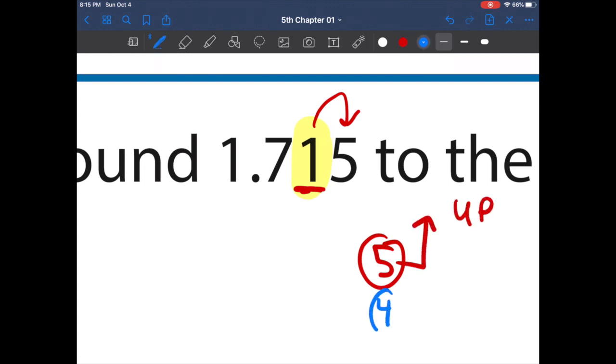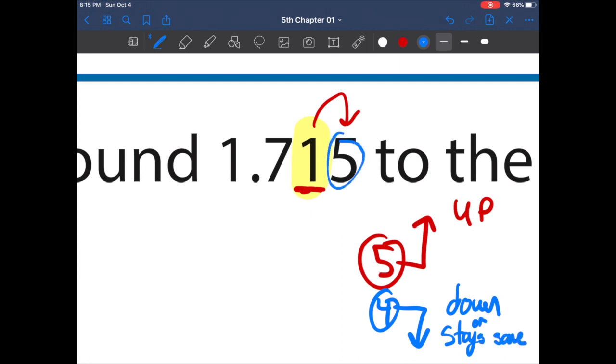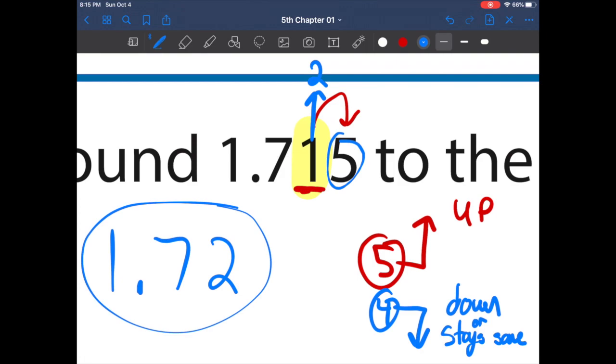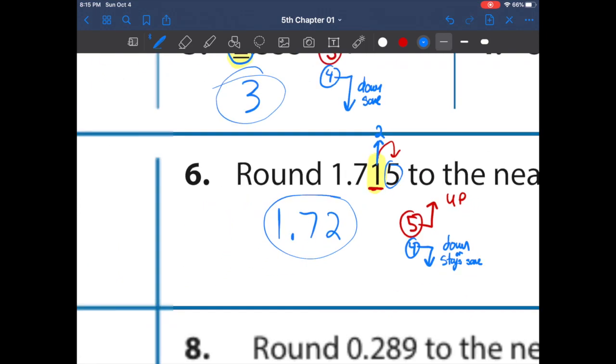Up. If it's 4 or lower, we round down, or stays the same. So is 5 bigger than or equal to 5? Yes, it is. So that means we round this number to the next number up. And what number is right after 1? It would be 2, right? So we have 1.72. That's rounded to the nearest 100th.